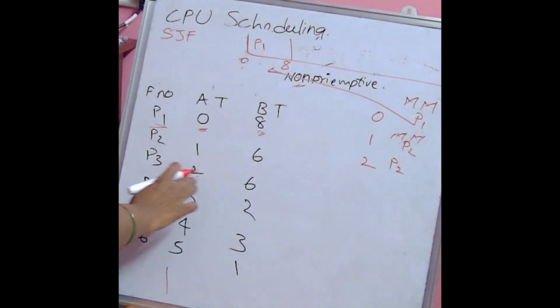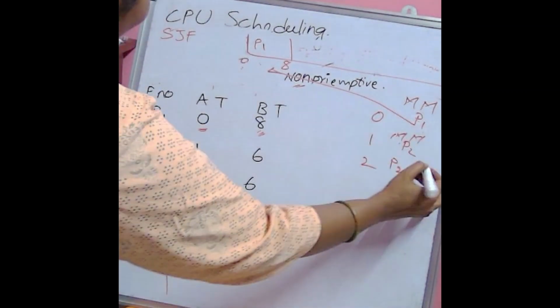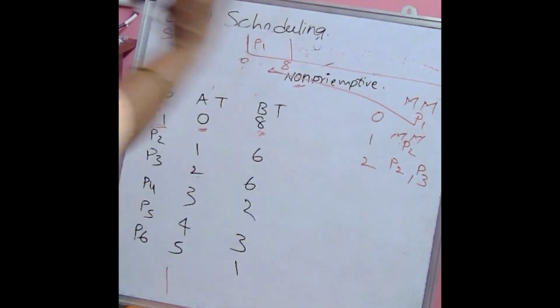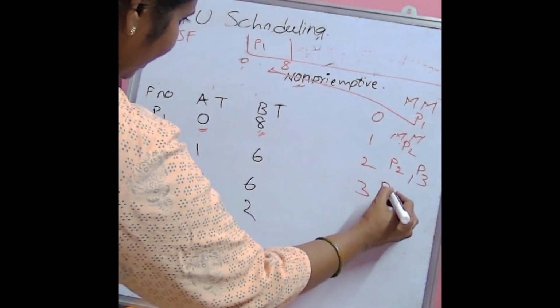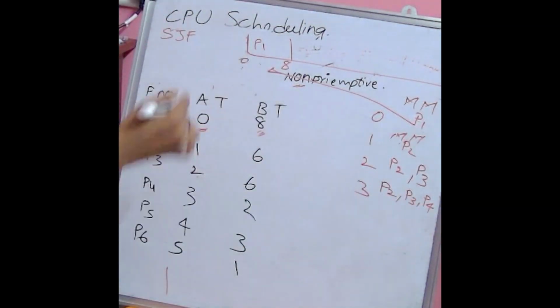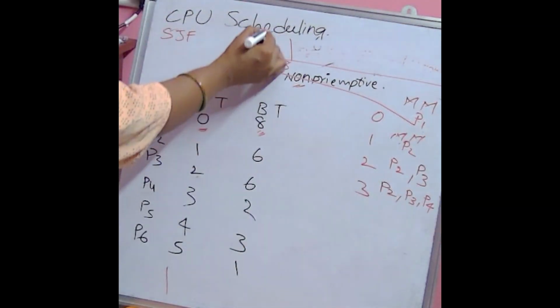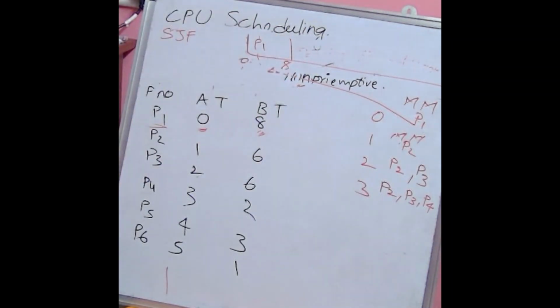At relative time 2, P3 also entered; P2 is already in the main memory. At relative time 3, one more process entered, that is P4. So P2, P3, P4 are now available in the main memory. The CPU continues with its first unit, second unit, third unit of execution with P1 only, because it is non-preemptive.